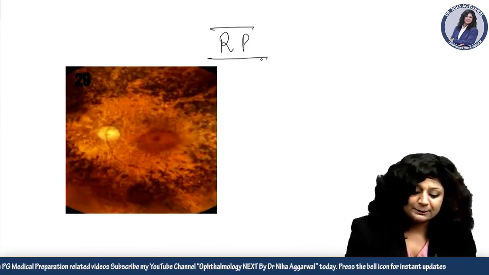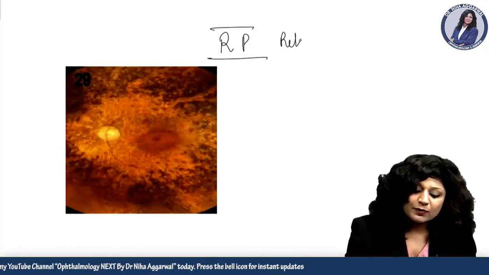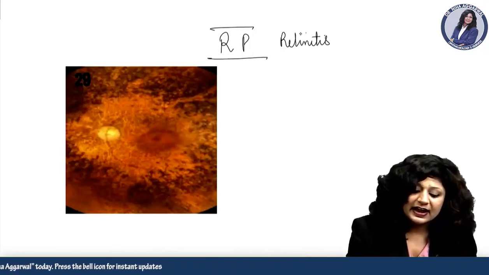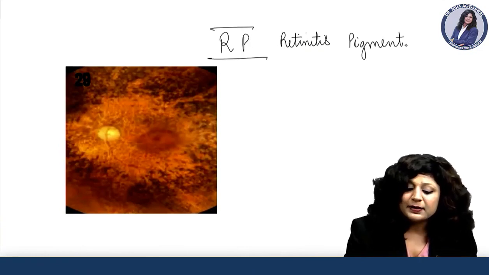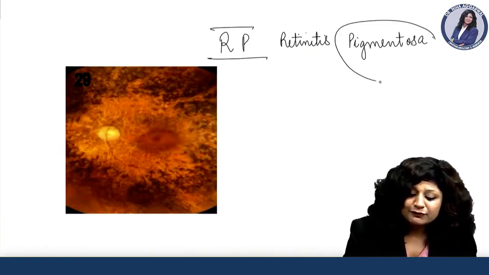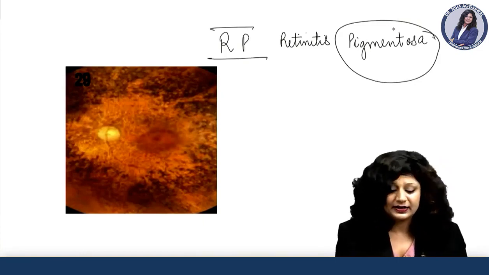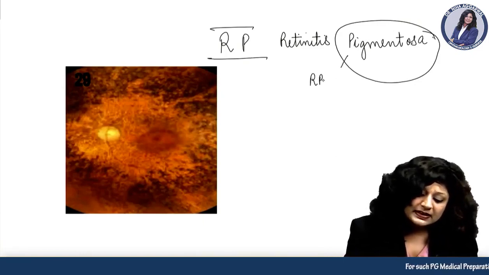Retinitis pigmentosa. Now if you see the name of this pathology, it is retinitis pigmentosa. Retinitis pigmentosa means that it is affecting the pigmentary layer of the retina, that is the RPE layer.